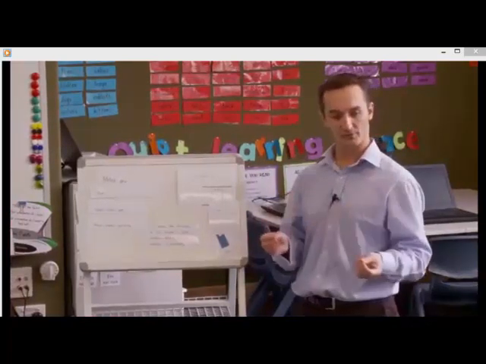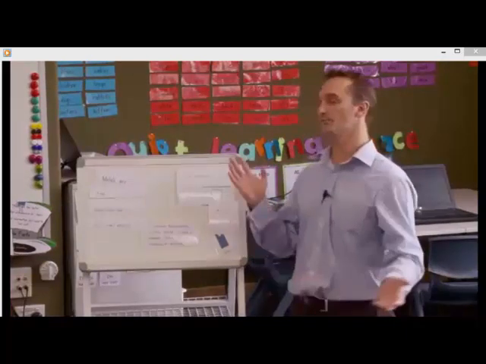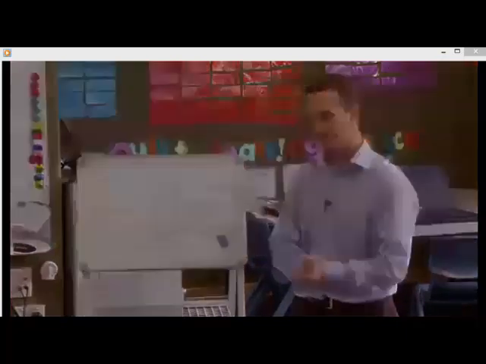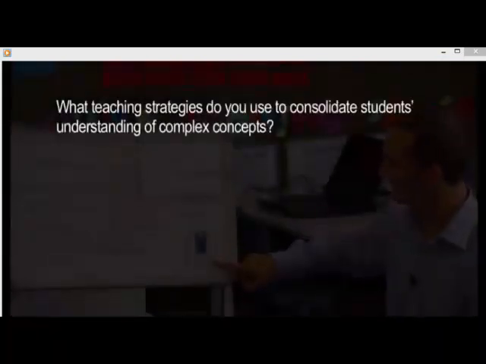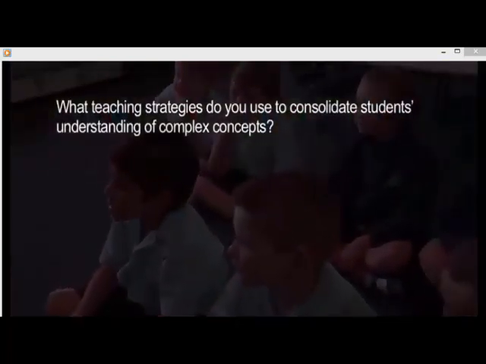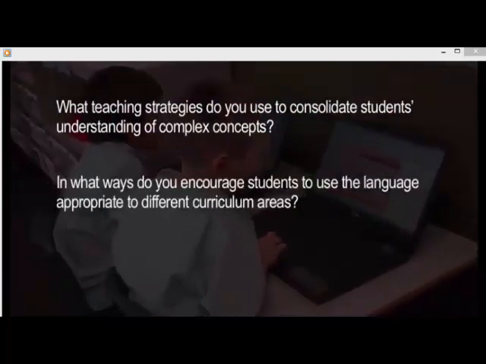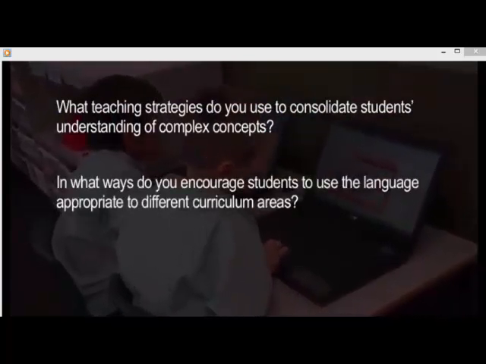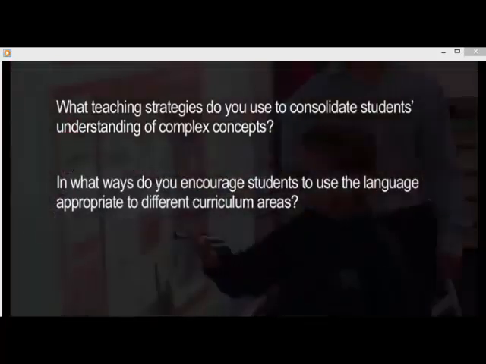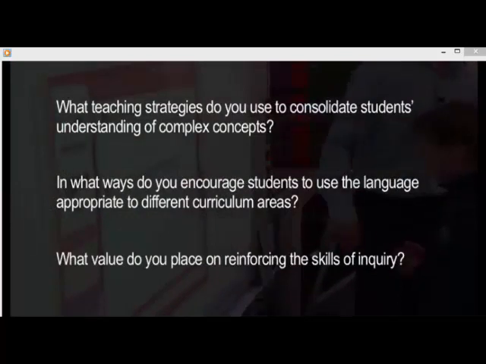But what's that special word, Jack, that we call it when we then talk? We're explaining it. What an excellent answer. What teaching strategies do you use to consolidate students' understanding of complex concepts? In what ways do you encourage students to use the language appropriate to different curriculum areas? What value do you place on reinforcing the skills of inquiry?